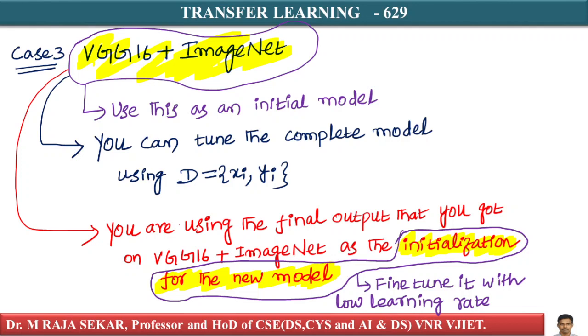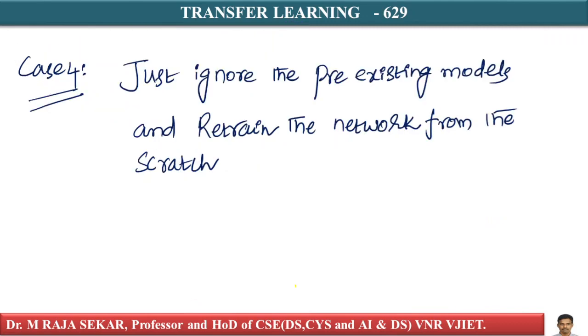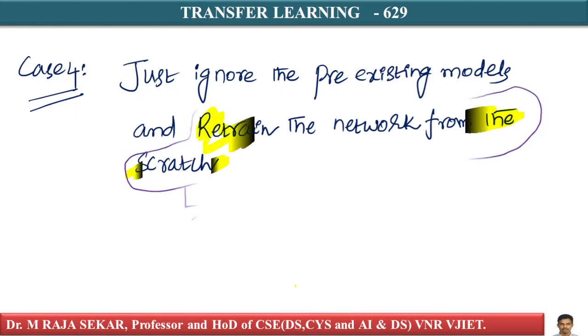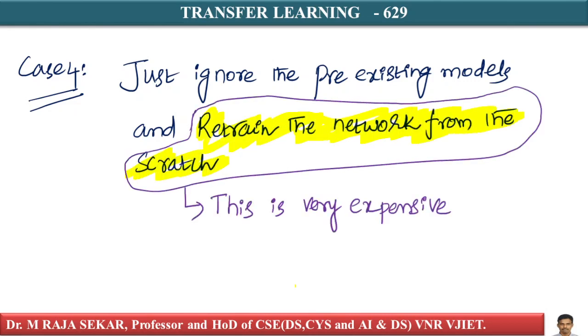Yes, of course, there is always case 4. What is this case 4? Just ignore the pre-existing models, retrain the network from scratch, and most people don't do this. This is very expensive because somebody has taken weeks and some advanced GPUs and trained the whole model for you.